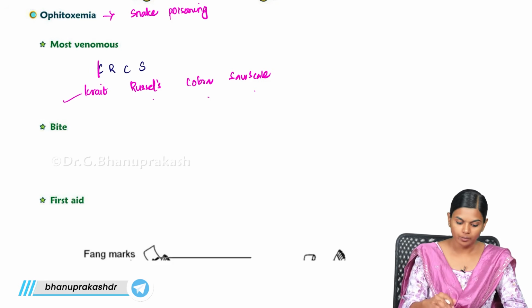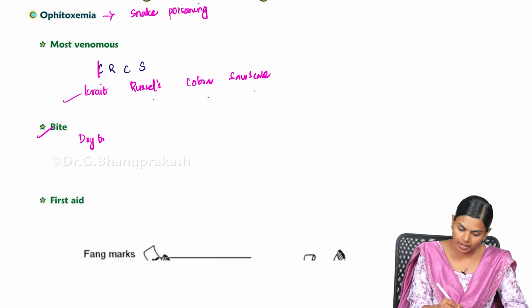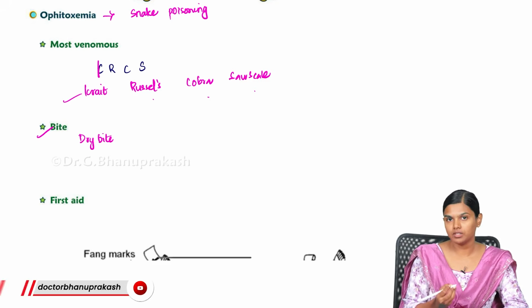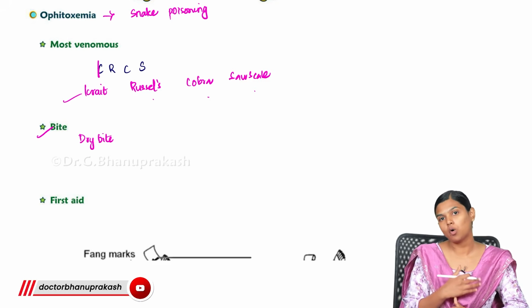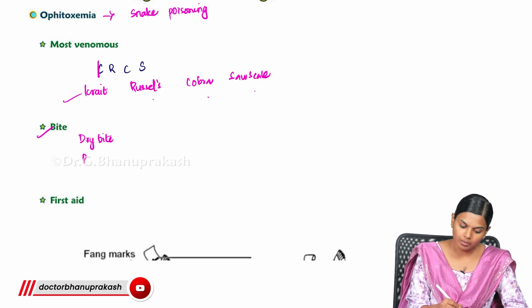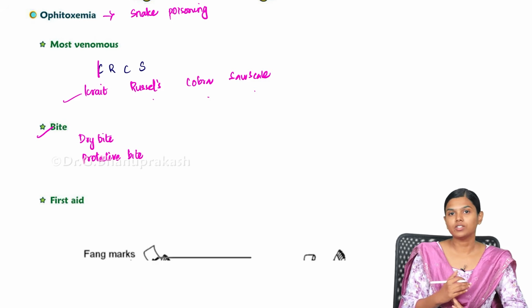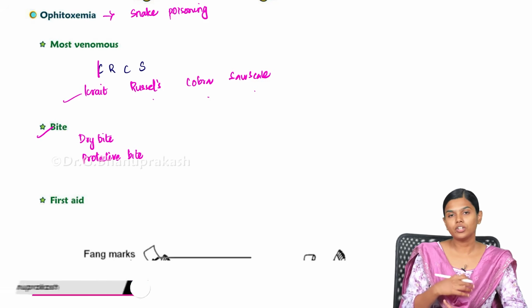And whenever they bite, mostly it will be a dry bite. Even if it is a venomous snake, it will not inject venom in all the bites. So sometimes it will do a dry bite. Sometimes it can be a protective bite. That is, the bite will be made over a hard surface, over your slipper or over your jeans, something like that.